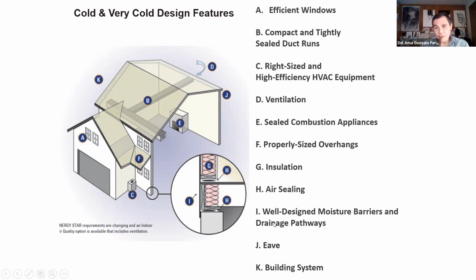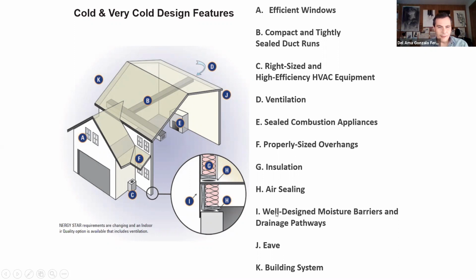Moisture barriers and drainage pathways. That's very important, but we are not going to talk about this in this course, because this is something that we cover in Arch 360, which is solar design. It's an elective course in the second semester, but we don't have enough time to talk about moisture barriers and drainage in this course.